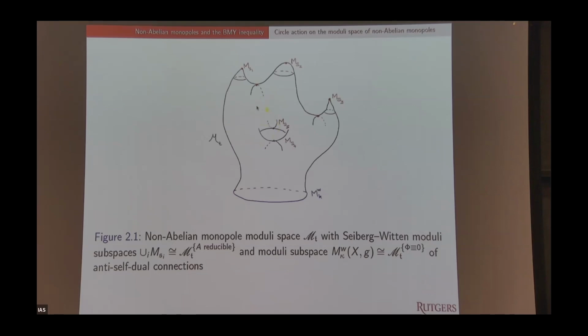And then everything else, aside from this blue anti-self-dual moduli space or the Seiberg-Witten moduli spaces, that's the big middle that I mentioned earlier.